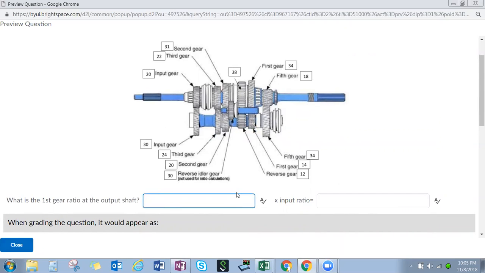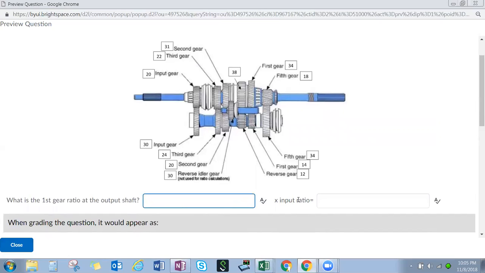Remember to round to the proper notation there and put in your answer here. And then it wants us to multiply the number that we got in this box by our input shaft gear ratio, which we already calculated, which is 1.5.